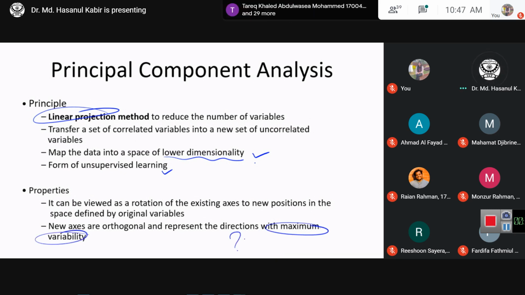Did we get it, or is it still a question mark? So now you see in these two parts, you haven't seen how we actually get maximum variance.